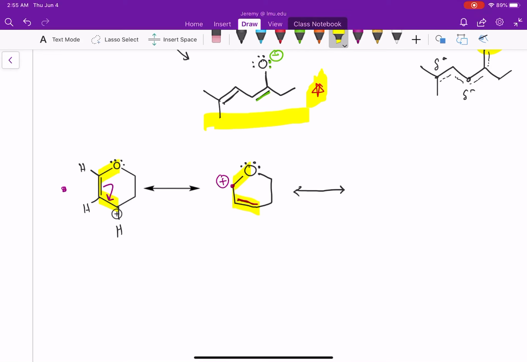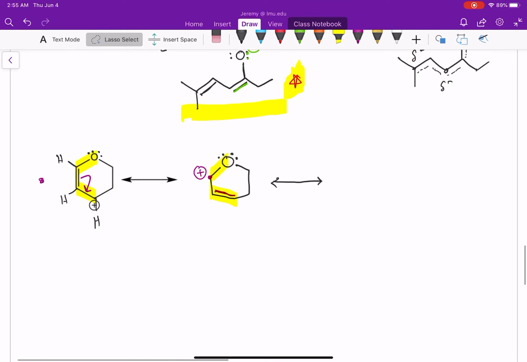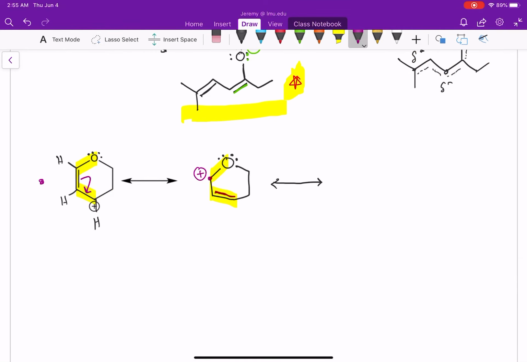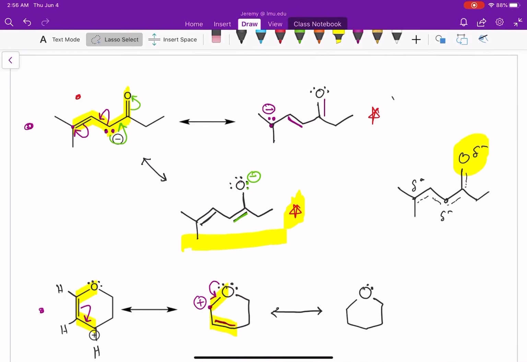So what we see now is that we have a lone pair, all right, next to a plus. So what else can we do? This lone pair can now form a bond to that carbon. And that will get us our last resonance structure here, all right?